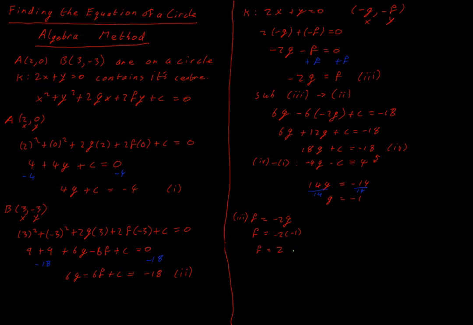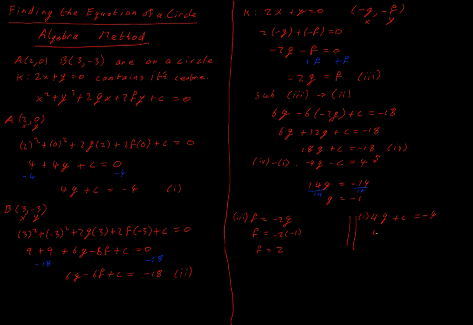And then going back to find the value of c. I know that 4g plus c is equal to minus 4. Let's do that. 4g plus c is equal to minus 4. Well, g is equal to minus 1. This is equation 1.